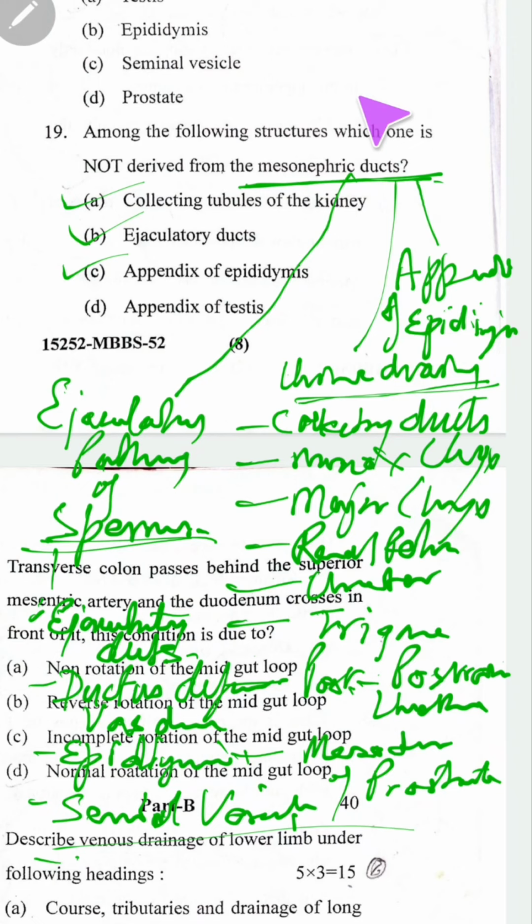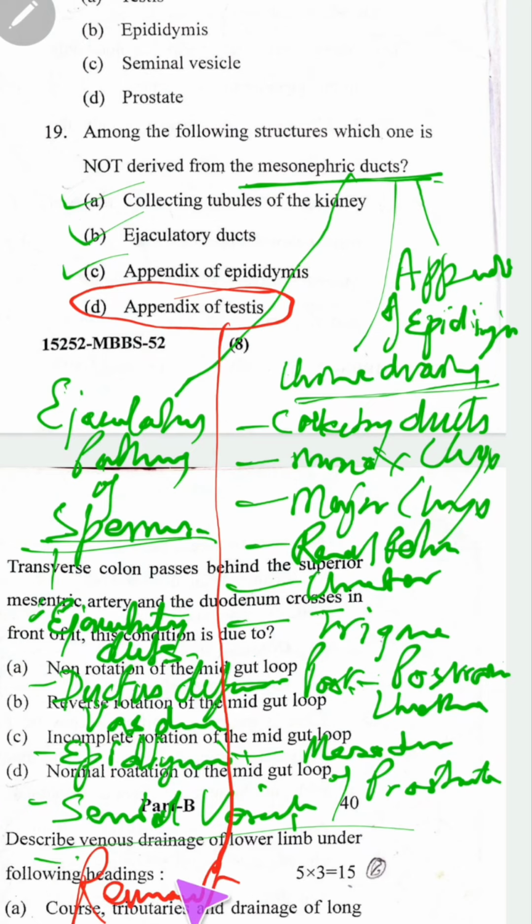So lastly, you should remember that the appendix of testis is actually a remnant of the paramesonephric duct, the duct which forms the female genitalia like the fallopian tubes, uterus, and upper one-third of the vagina.